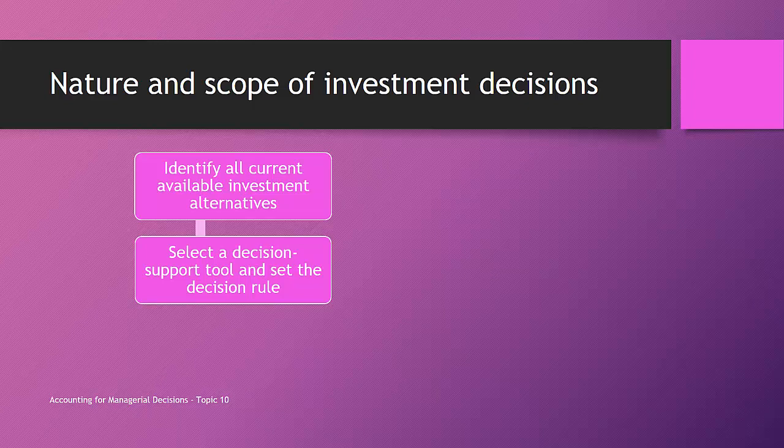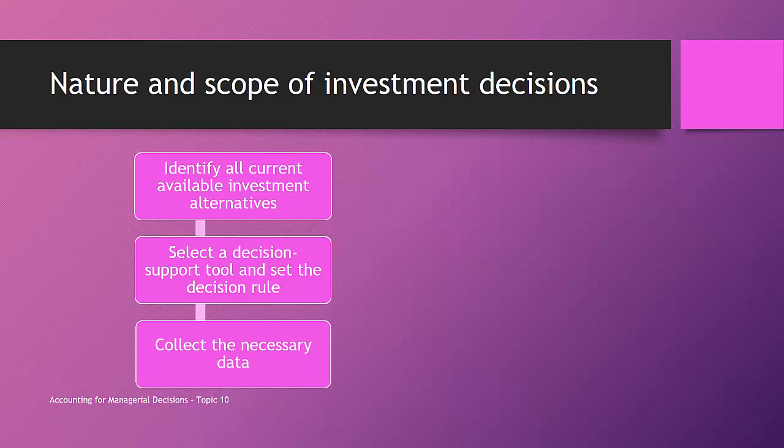So if it's net present value, it might be anything which is positive. And we'll get to net present value decisions in a bit. If it's a payback period, it could be the shortest payback period. Again, have some sort of idea of how you're going to analyze the different alternatives and then come up with a rule that helps you make decisions once you've done that.